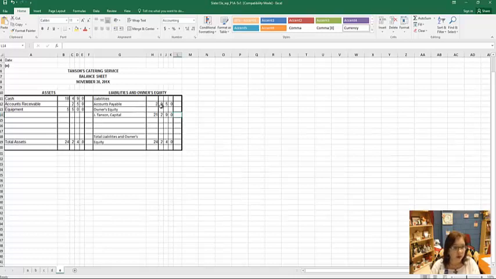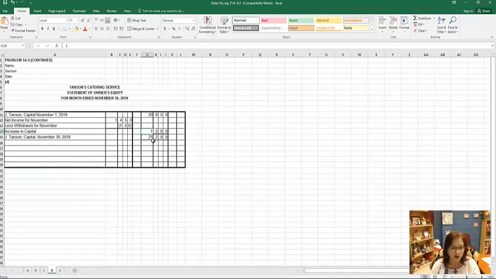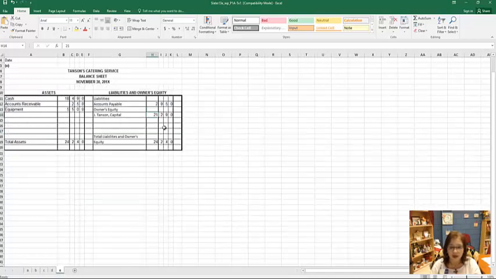Liabilities, he has accounts payable and what he still owes. This capital, we take it from his owner's equity right here, put it in. Total liabilities plus owner's equity equals $24,240. Boom. Again, everything balances out.